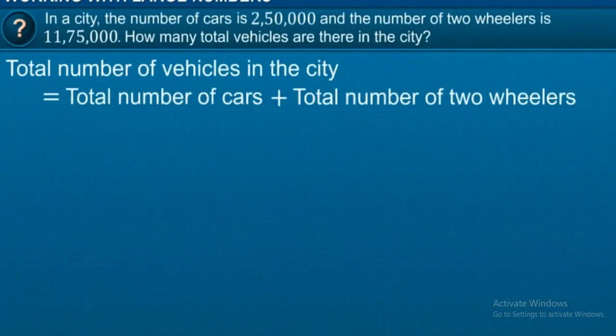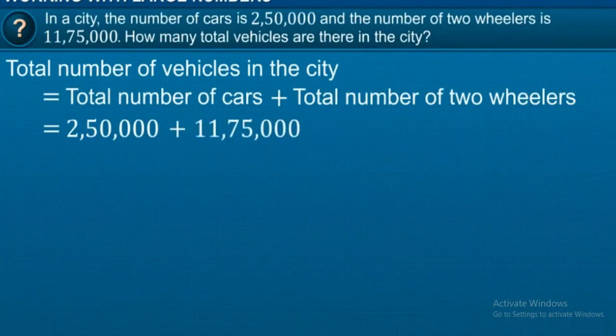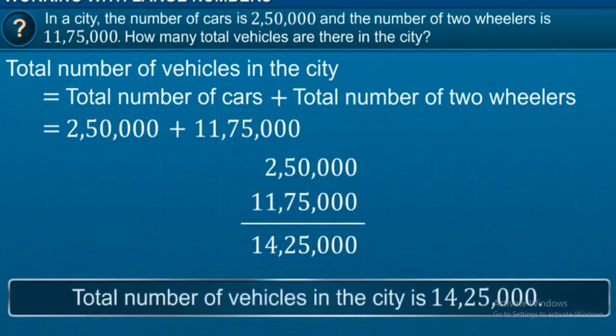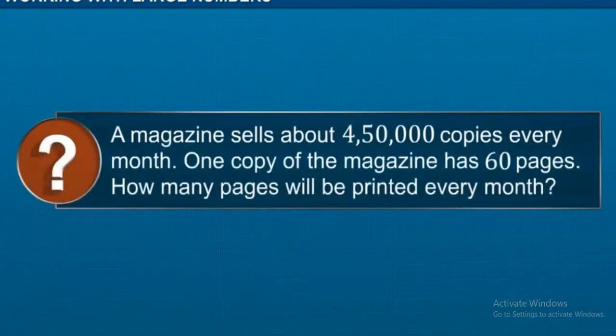To find the total numbers, we will have to add the two numbers. Observe the addition procedure. Thus, the total number of vehicles in the city is 14,25,000.